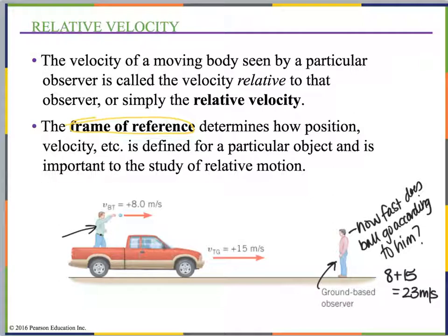The frame of reference sounds all fancy, but all it means is, what are you measuring everything relative to? Are you measuring something relative to the truck, or relative to the ground? And this is what we're looking at with relative velocity.